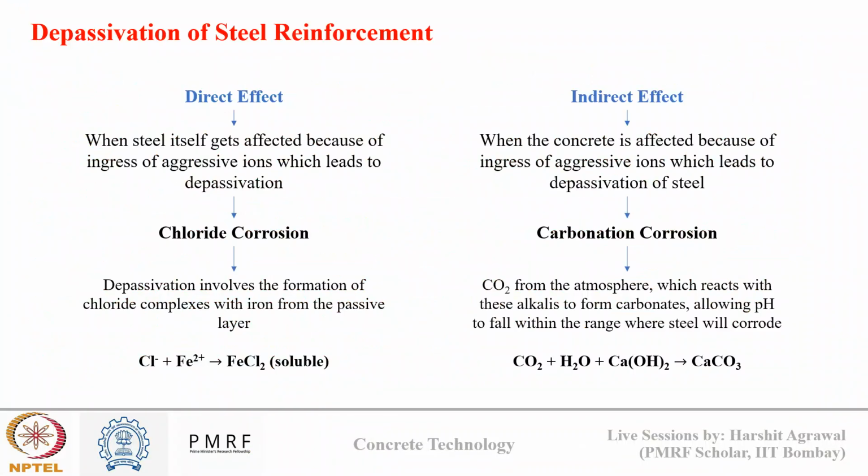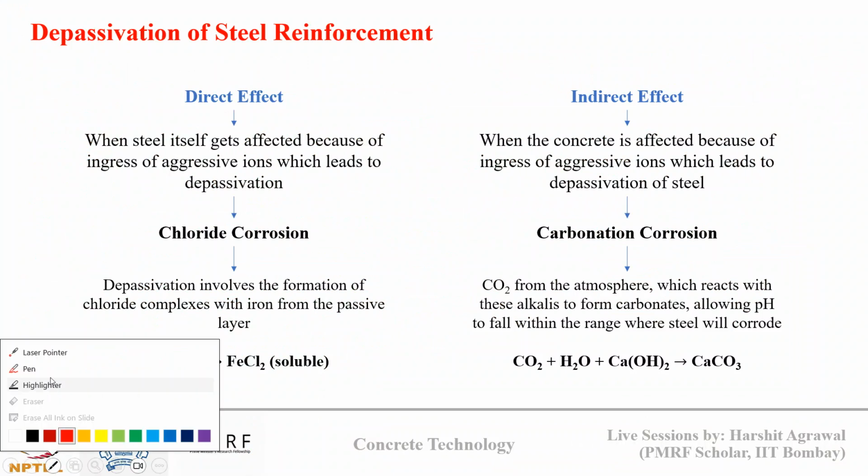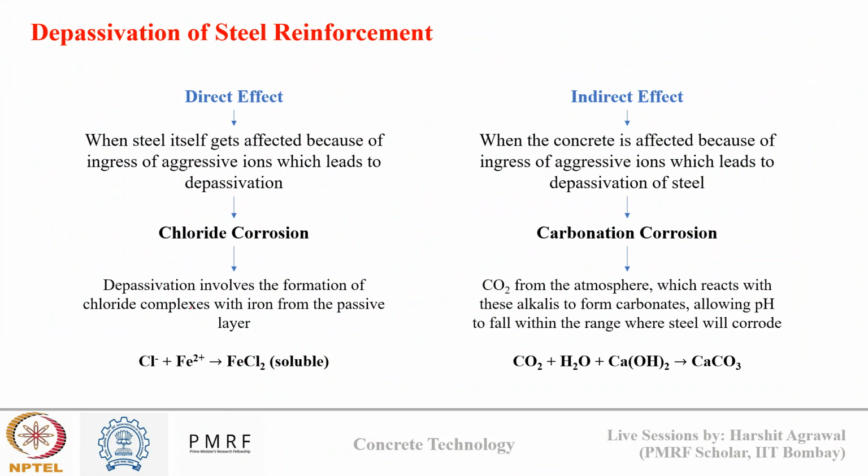So that was all about defining corrosion, what corrosion is and how it occurs. Now when we talk about degradation of steel reinforcement in concrete due to corrosion, we saw it can happen due to two reasons: chloride induced corrosion and carbonation induced corrosion. This effect can be broadly said as direct effect and indirect effect.